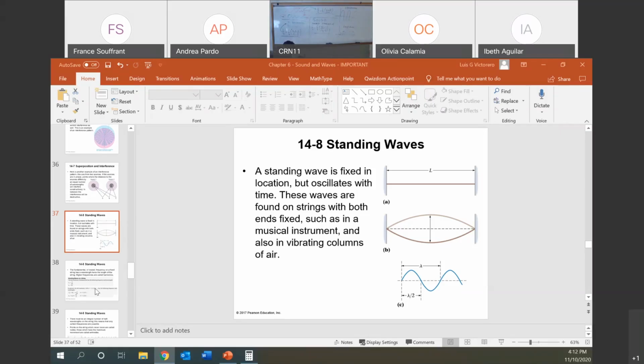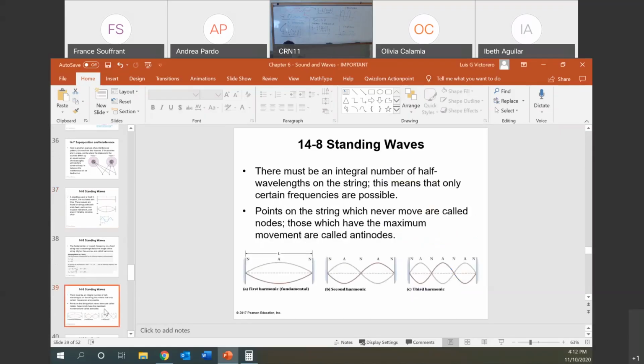Let me see if it's in the slides here. If not, I will draw it on the board. Oh, there it is. Right? So you have one harmonic, two harmonics, so that's a total wavelength, three harmonics. So there is something called the node and the antinode. The nodes are the points of intersection. All right?